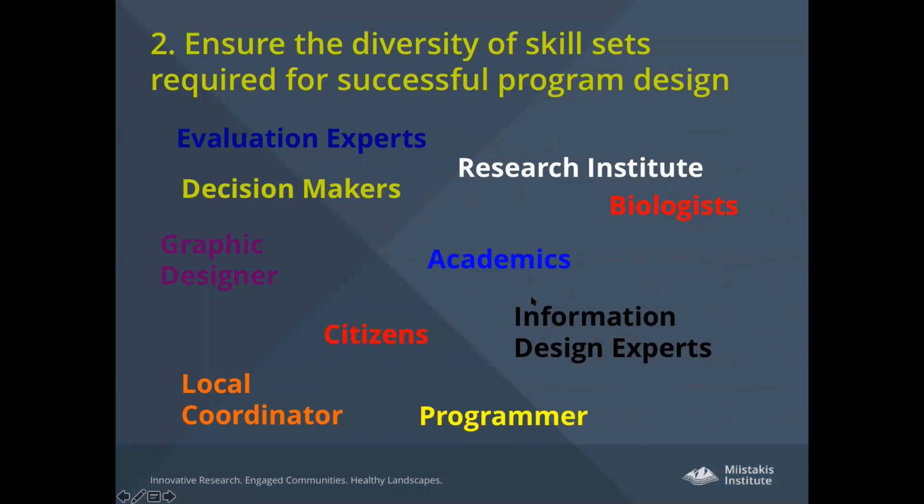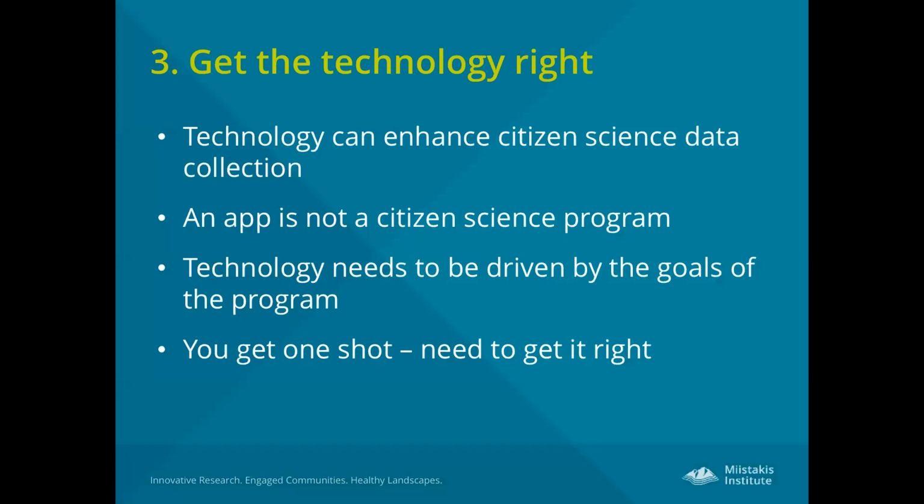Right from program design to implementation to evaluation, there's a real broad range of skill sets that you need for successful citizen science programs, and not one person is going to have all of these skill sets. So it's really about finding out how to get all the skill sets you need for successful implementation of citizen science programs.